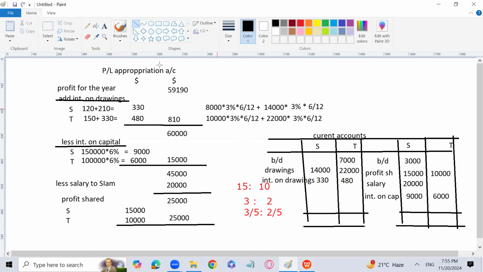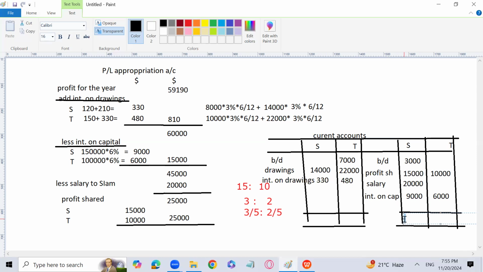I will go for the total. If you just look at the question, the total of the current account of S is higher. Right side is bigger. So let's go for the total. 35 and 12,000, that is 47,000. Here I will also write 47,000. And now you are going to write the carried down.